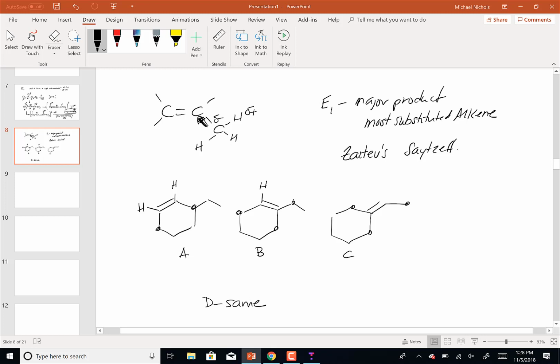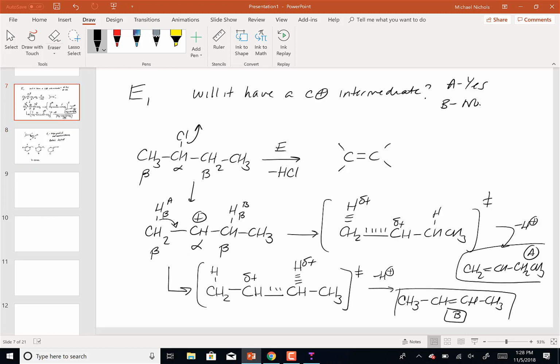Okay. So that's how we determine the major product of the reaction. How do we determine the products of the reaction? We basically go back and we say, okay, here's my alpha carbon, here's my 2 beta carbons, or however many beta carbons there are. Do those beta carbons have hydrogens? If they do, then they're going to be lost once you form the carbocation.